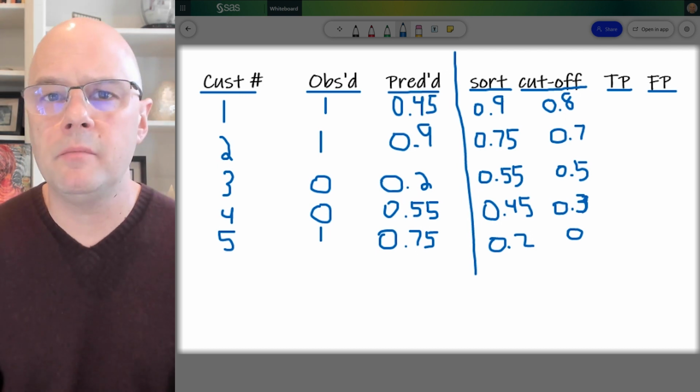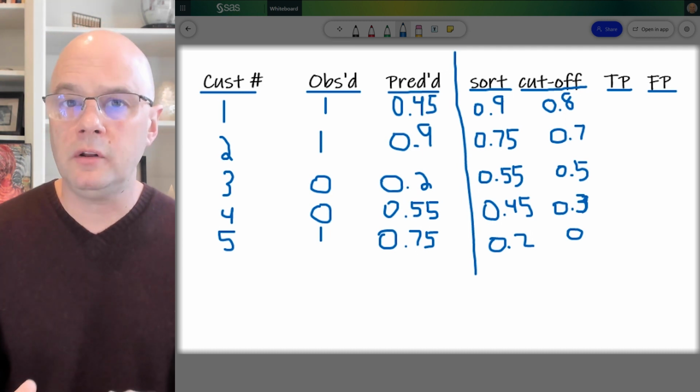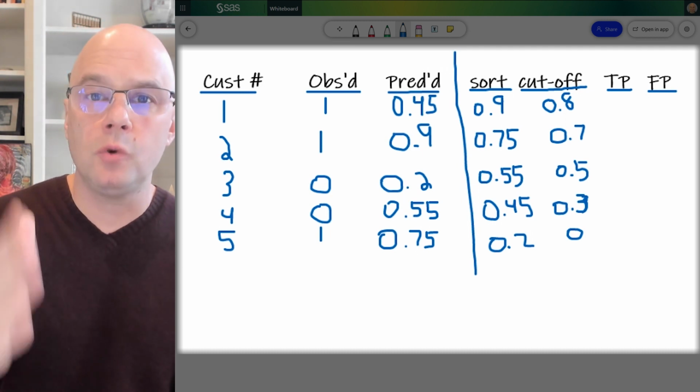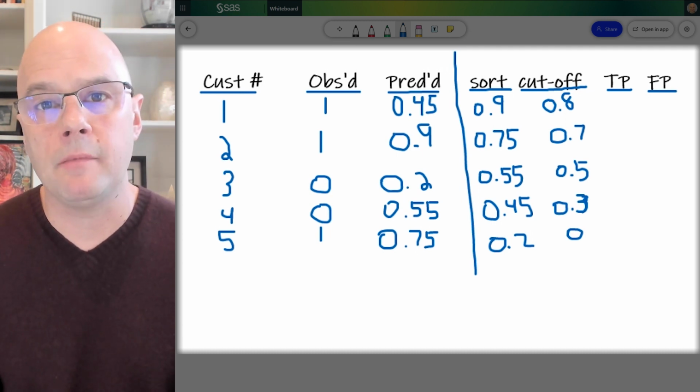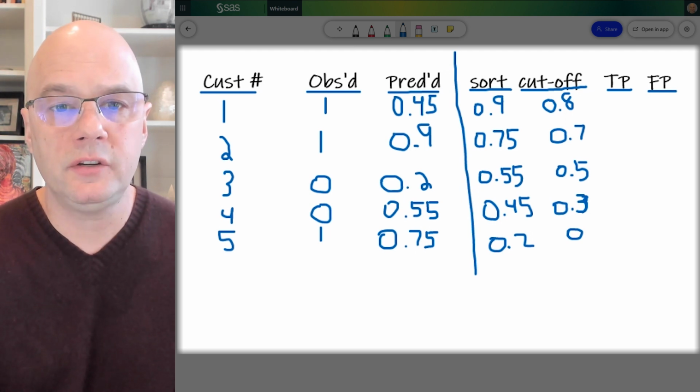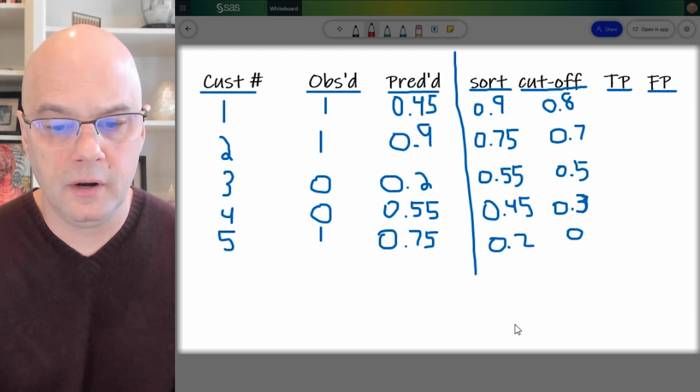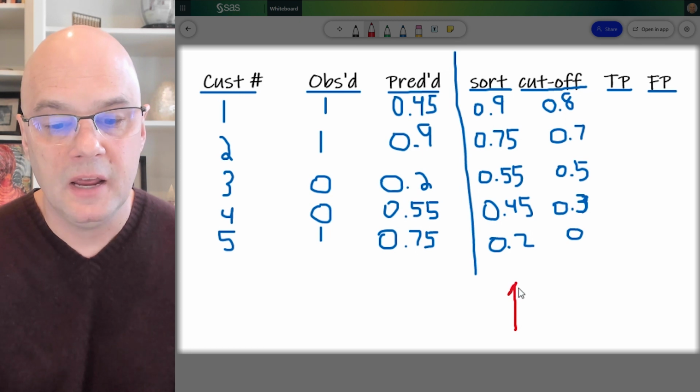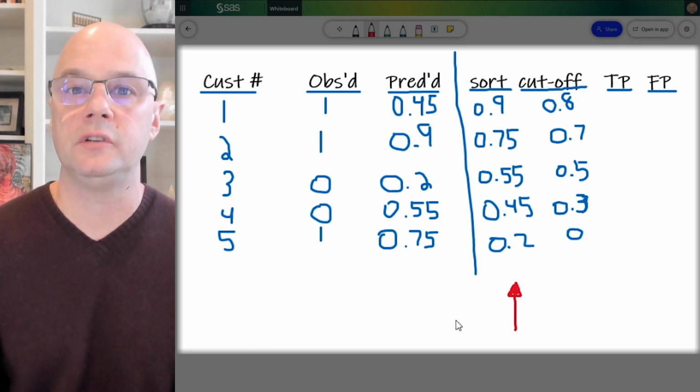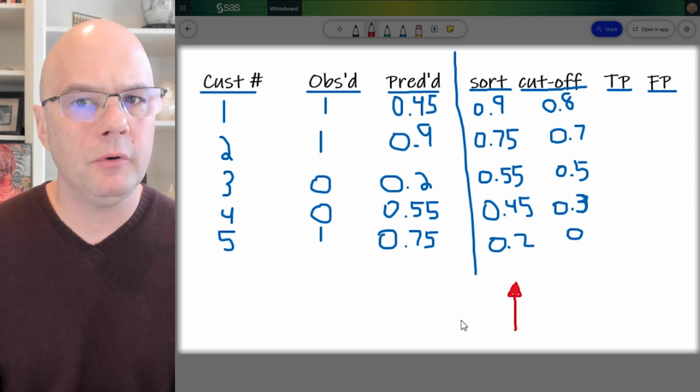Once I have those probabilities from the model, to construct the ROC chart, I'm going to sort based on those predicted probabilities. So this column of sorted predicted probabilities is the cornerstone for how we're going to construct the ROC chart. Now, this is a pretty simple concept.